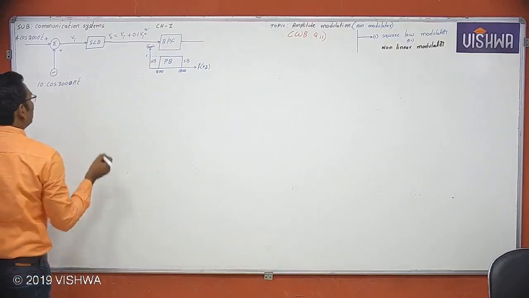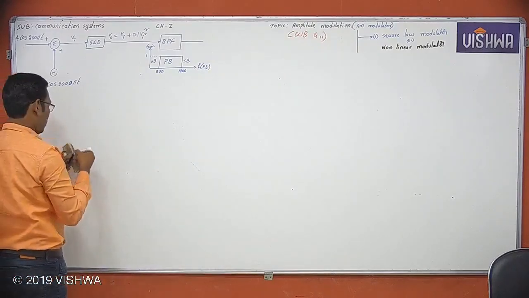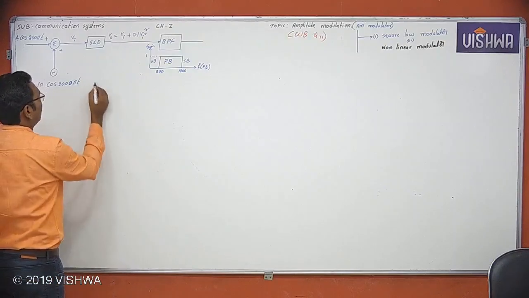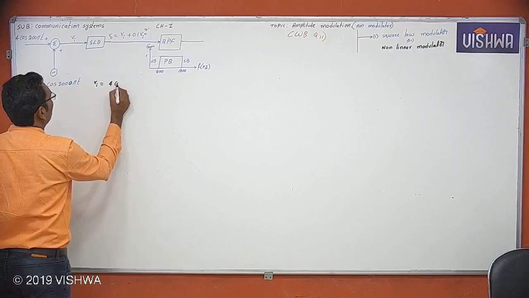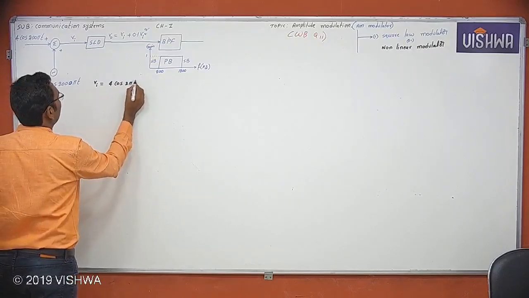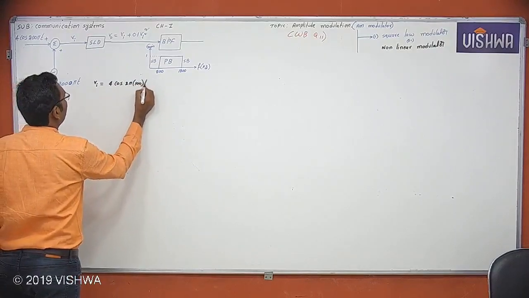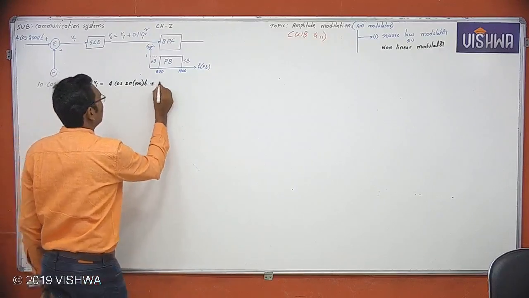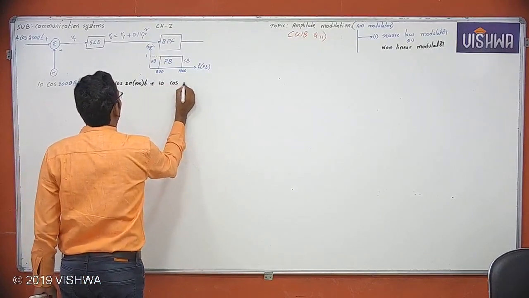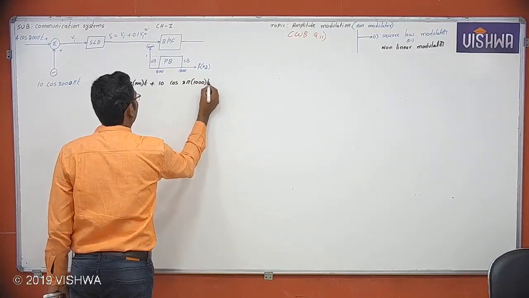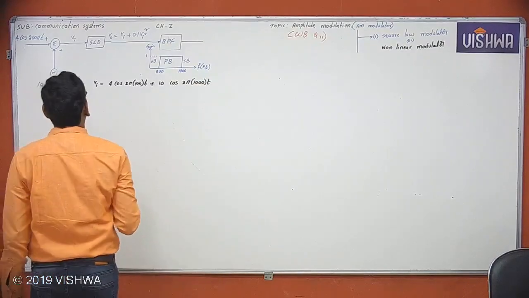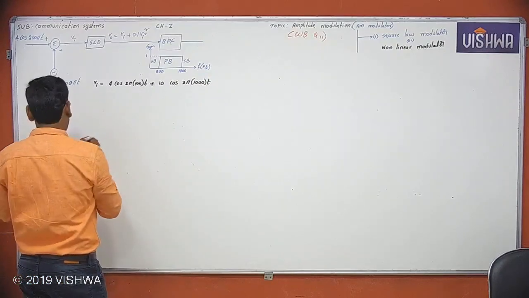Okay, now what is Vi? The input to the square law device, which is 4 cos 2 pi into 100 into t plus 10 cos 2 pi into 1000 into t. Okay, so this is the input to the square law device. What is V naught?